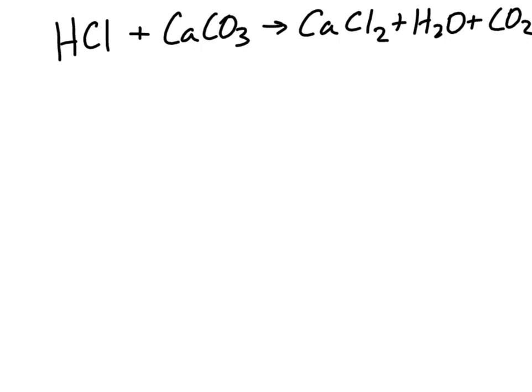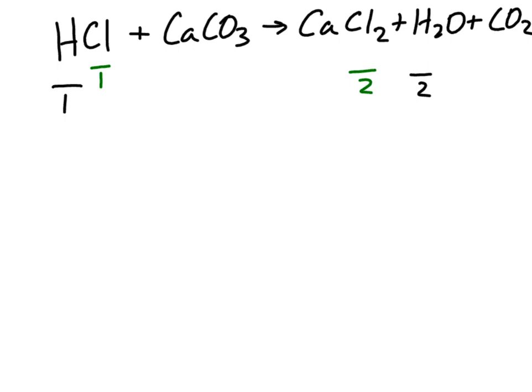Okay, so I have 1 hydrogen on the reactant side, so 1 hydrogen here, and I have 2 hydrogens here. So do your inventory first. I have one chlorine over here, and I have 2 chlorines over here.